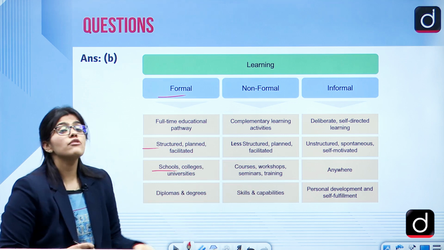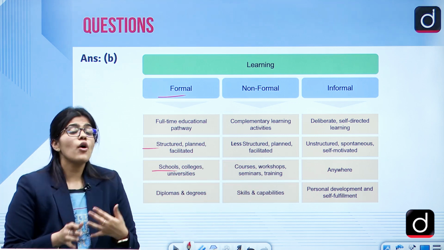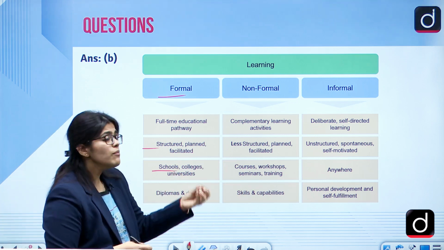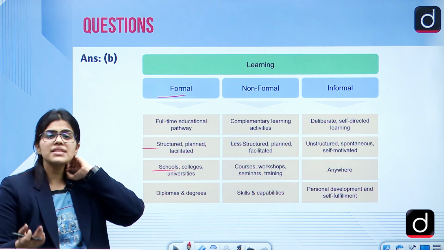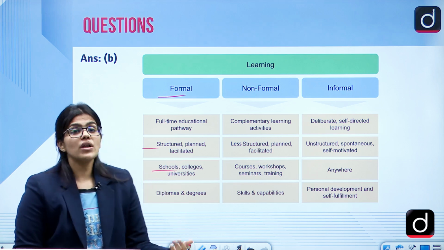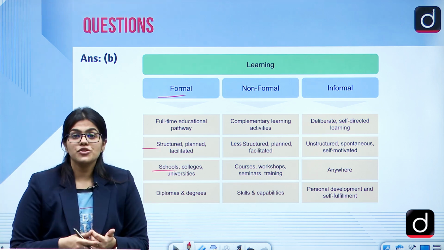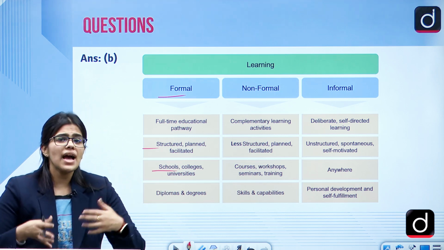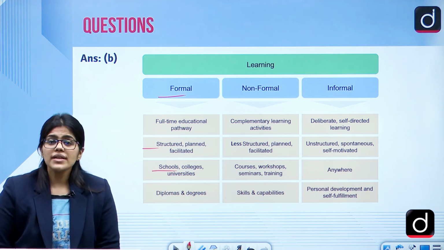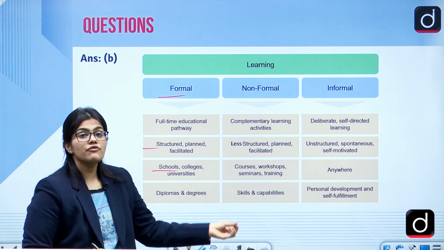It is a type of non-formal education. So it is not formally based, but it is somewhat structured. Then there are some courses, some workshops, some seminars. All of these will fall under non-formal education. So I want to learn how to swim. This is something adding to my knowledge. So what is this? This is a kind of non-formal education.